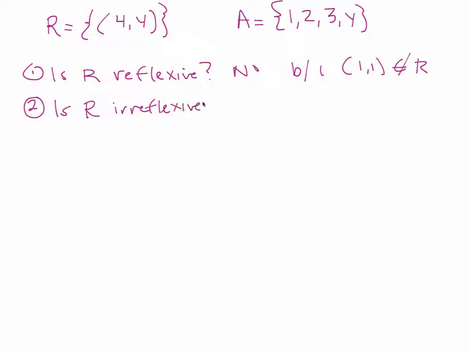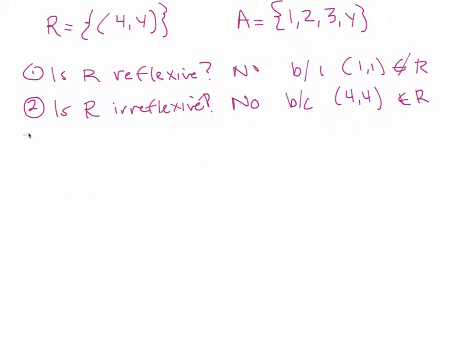What do you guys think? Good. Great job, guys. So no, you can say because 4, 4 is in R. So to be irreflexive, none of 1, 1, 2, 2, 3, 3, 4, 4 can be in R.